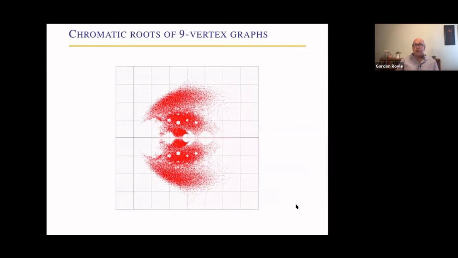Because it's a polynomial, there's nothing to stop you viewing it as a polynomial over the complex numbers, or over the integers, or over the reals. So this is the pattern that I saw way back then. And basically the difficulty is trying to explain that pattern. Why do the chromatic roots look like they do?